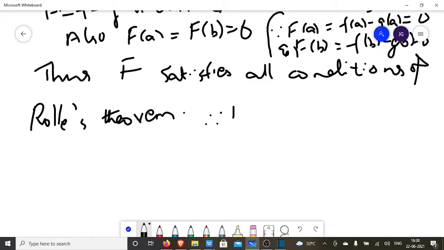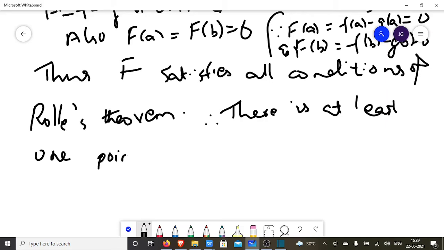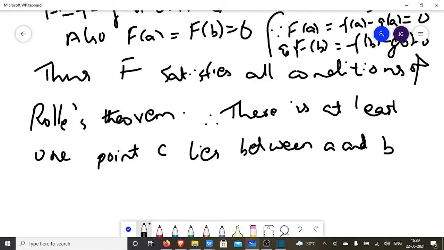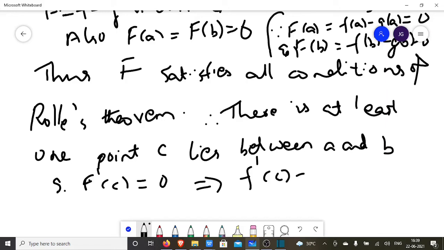Therefore, there is at least one point c that lies between a and b such that F dash c equal to 0, which implies f dash c minus g dash c equal to 0.